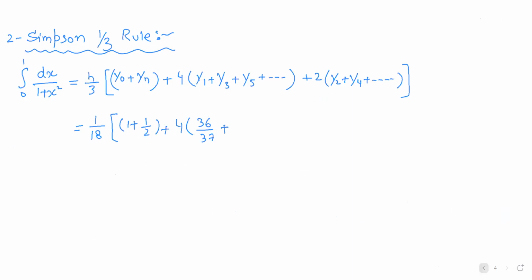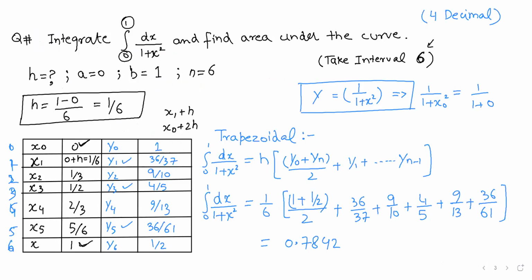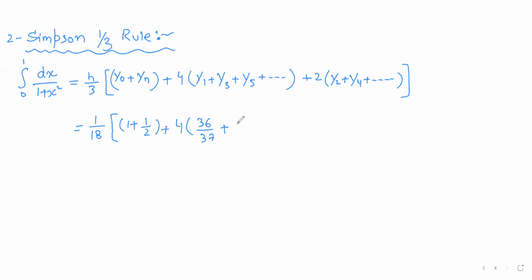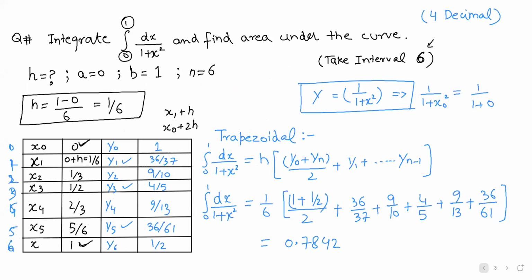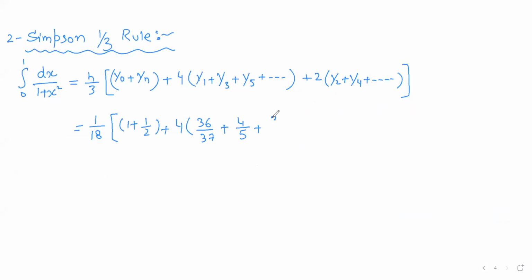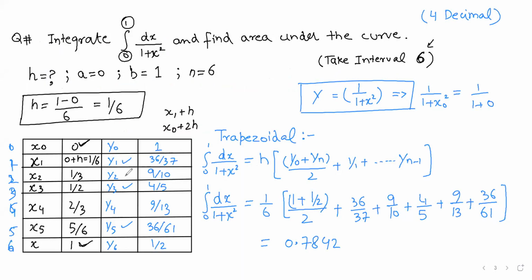plus what is the value of y3? Y3 will be equal to 4 by 5, plus what is the value of y5? Y5 will be equal to 36 by 61, plus 2 into y2. What is y2? Now we will take the value of this and this and this.